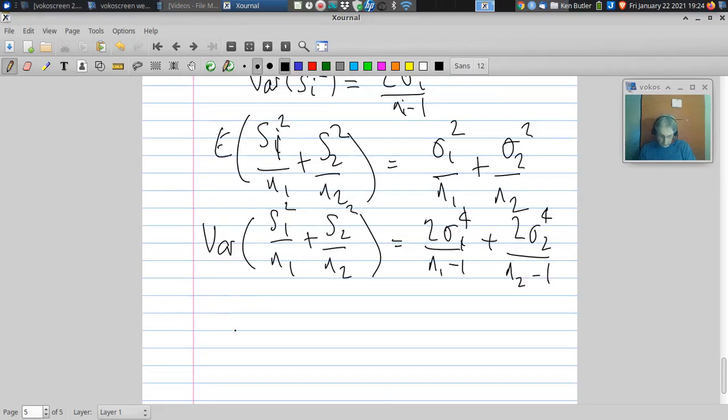If the two sigmas are not the same, this thing over n2 does not have a chi-square distribution.